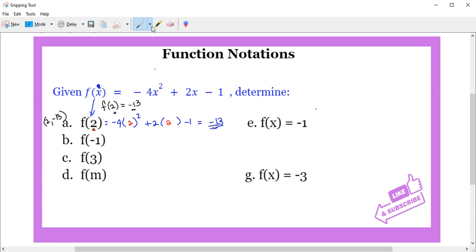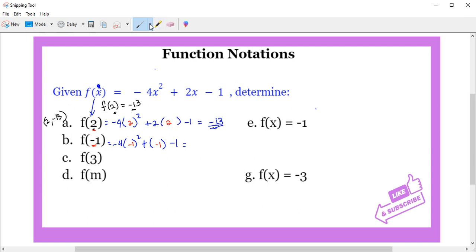Now let's do the second example, letter B. Again, the x is replaced. So I'm going to copy the whole equation: negative 4 parentheses squared plus 2 parentheses minus 1. Inside the parentheses, I'm going to write negative 1. Now I'm going to solve for it. Negative 1 squared is 1, times negative 4 is negative 4.